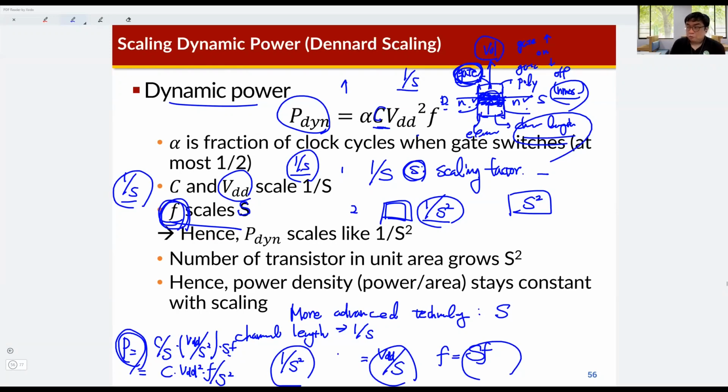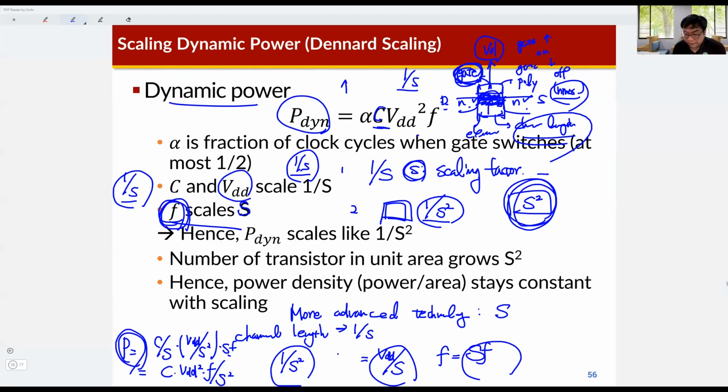And then with this advanced CMOS technology, we can include more transistors in the same area. How much? S squared. We previously mentioned, because the size of the transistor is also reduced.